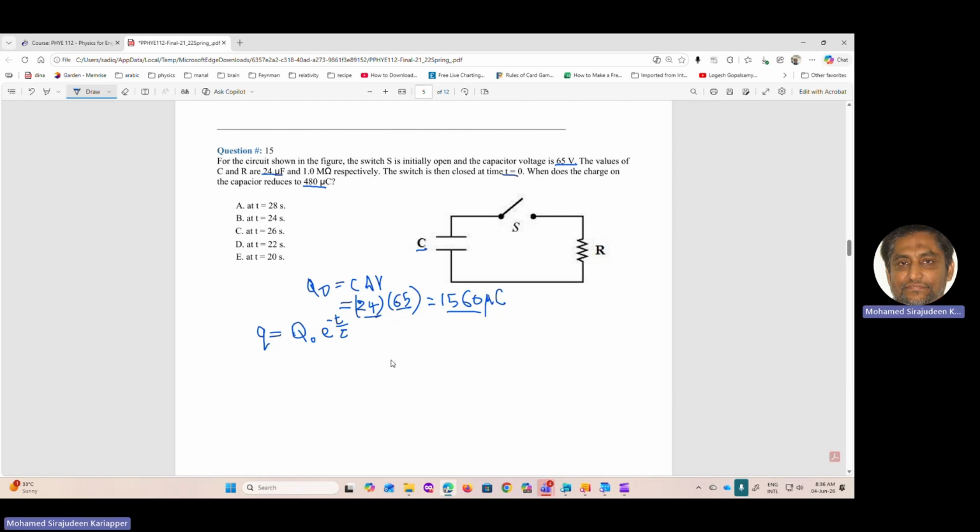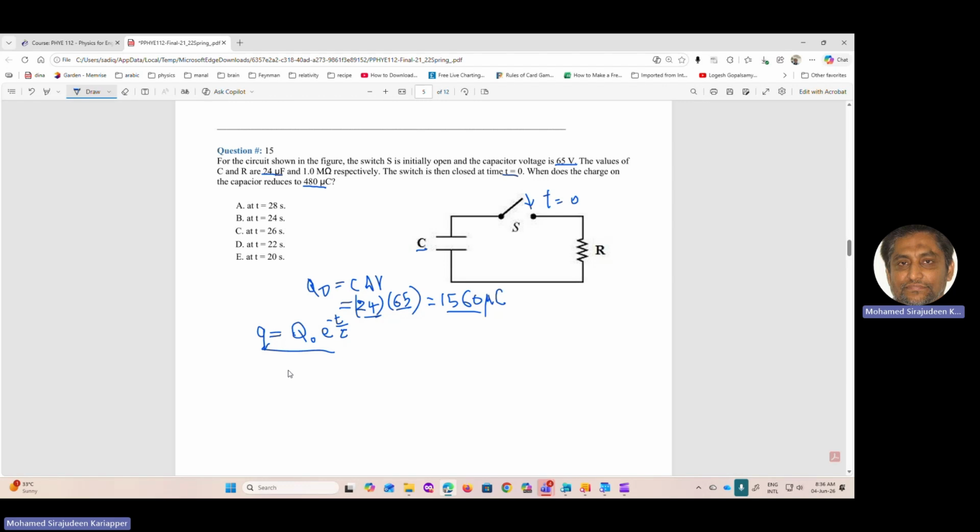You should not mix up equations. First thing to understand, read the question carefully. You don't see any batteries in this circuit. So there is a charged capacitor and it is being discharged through this resistor by closing this switch at time t equal to 0. So this is the equation you should be using.